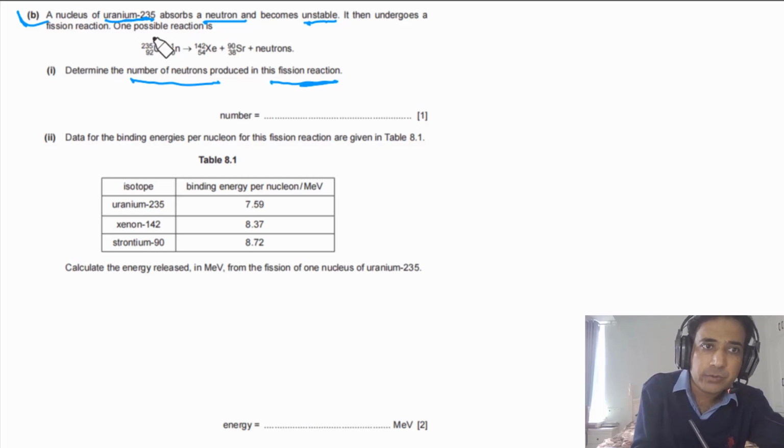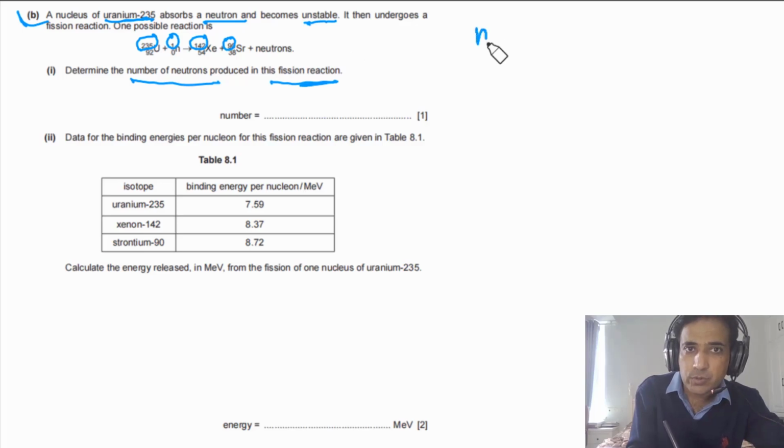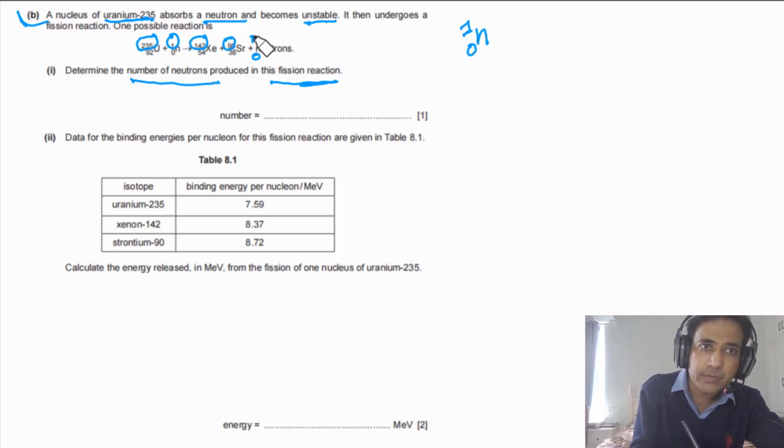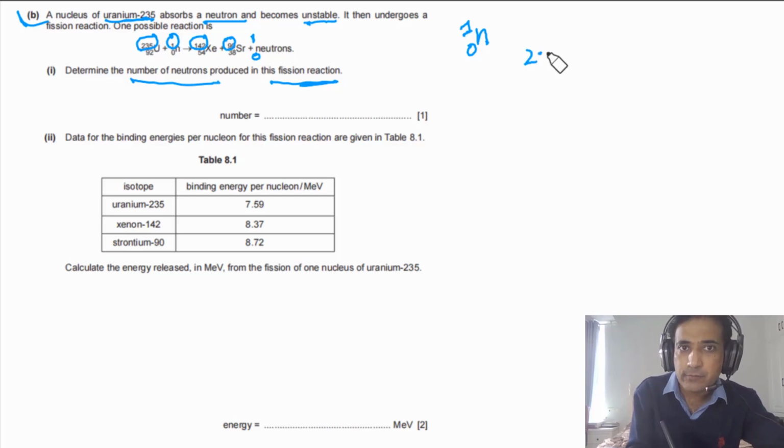So simply we need to understand we have mass numbers here. For neutron, we need to understand neutron has no charge, but its mass number is 1. So simply we can say this is 0, this one is 1. Now for mass number, on the left side we have 235 plus 1.